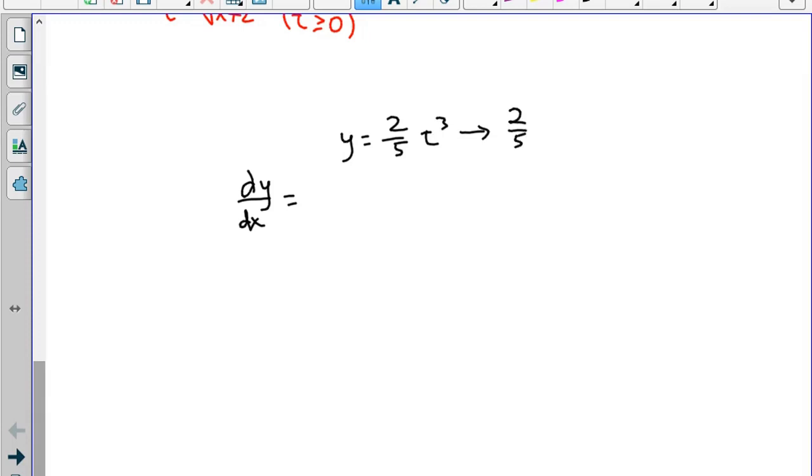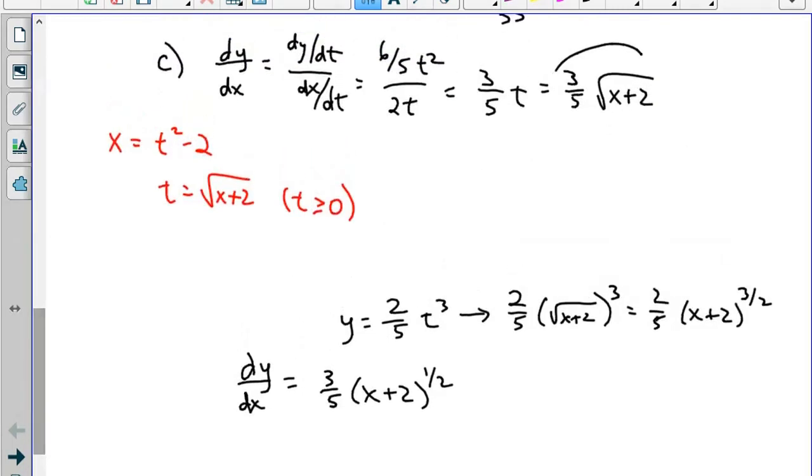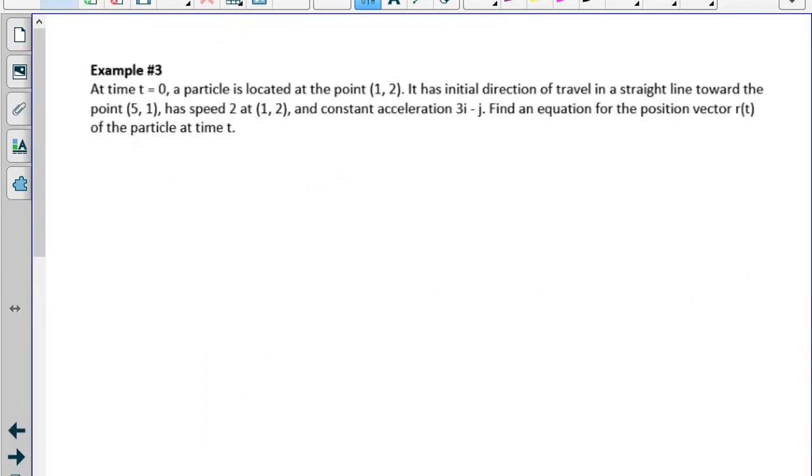So that's 2/5 times root x plus 2 cubed, which is 2/5 times x plus 2 to the 3/2. And if I just take dy dx of this, I get 2/5 times 3/2, which is 3/5, and then x plus 2 to the 1/2, and that actually gives me the exact same answer as I had right here. So I could have done it using previous methods if I made a substitution early in the problem.